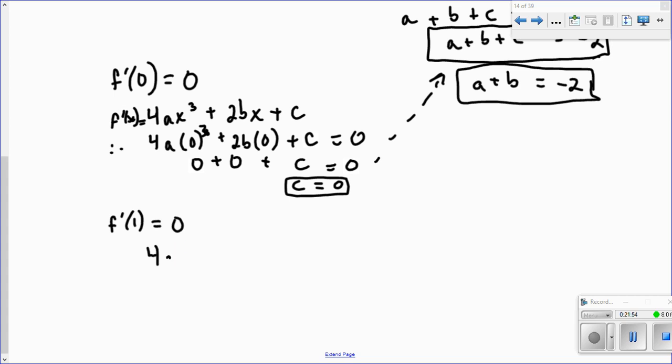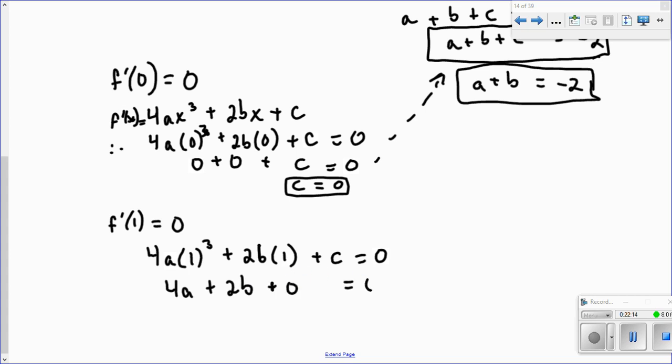So my resulting derivative function, when I replace x with 1, I found c to be 0, so I can just put that in temporarily. I'm going to have 4a plus 2b plus 0 equals 0. Here, 4a plus 2b equals 0.